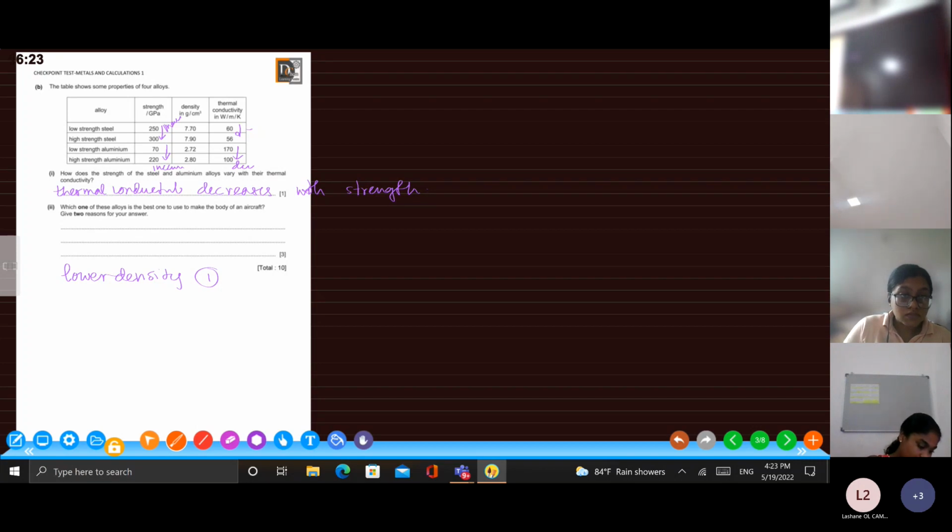I wrote high strength aluminium because it has relatively low thermal conductivity. That's also okay, because if thermal conductivity is high, you can't stay inside the plane, it gets heated. So high strength aluminium. That's what I'm saying.